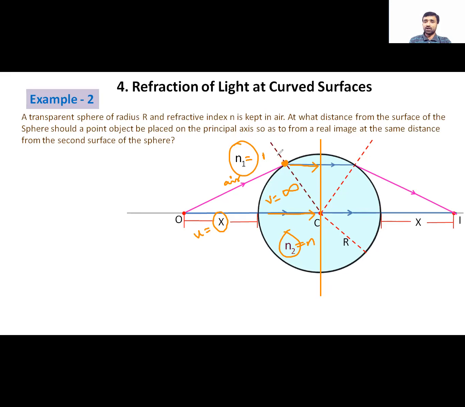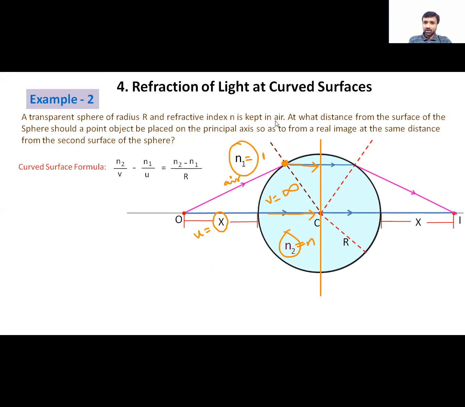Let us take the formula. Which surface are we dealing with here? Curved surface. So what formula do we need? The curved surface formula. What is the curved surface formula? N2 by V minus N1 by U equal to N2 minus N1 by R. What is the N1 value and N2 value here? N1 equal to 1, N2 equal to N. Then what is V, the image distance? How are you measuring?